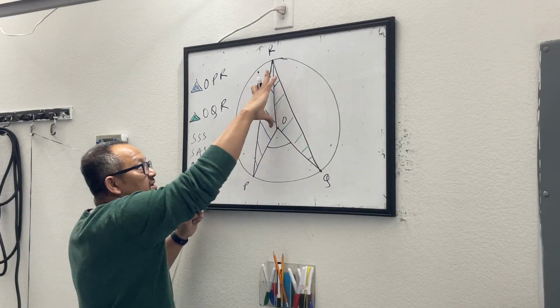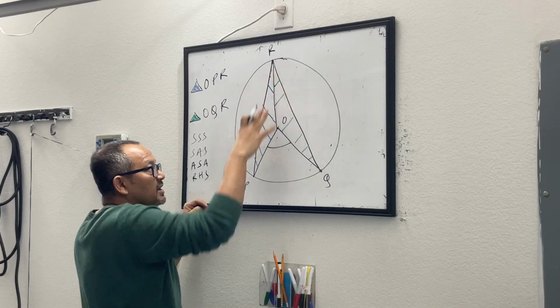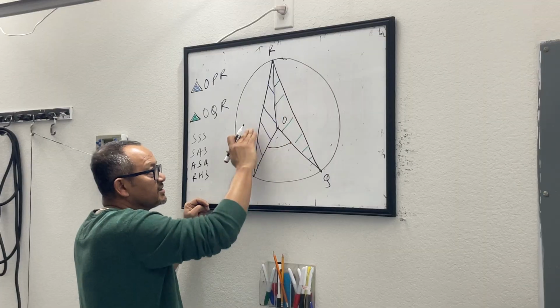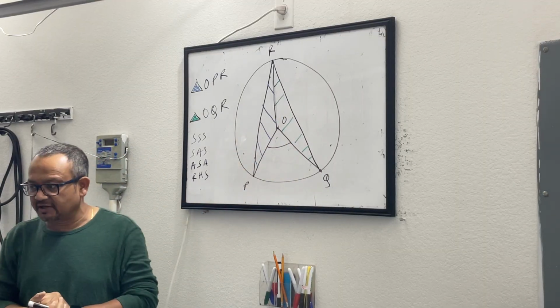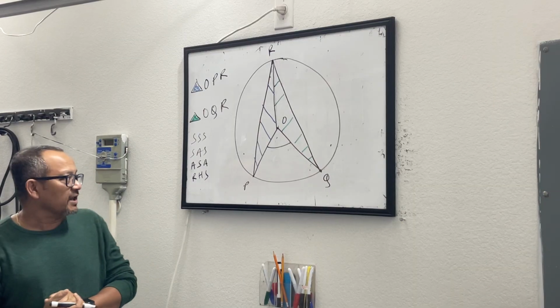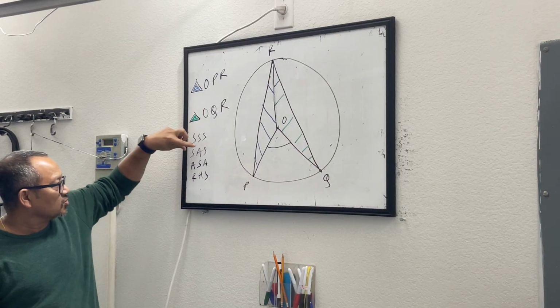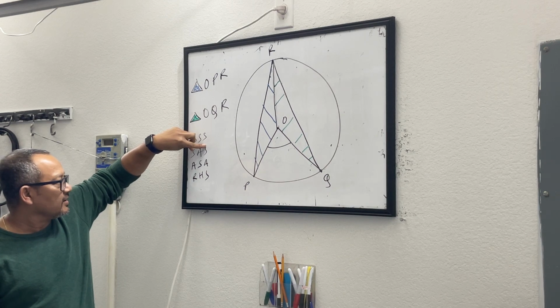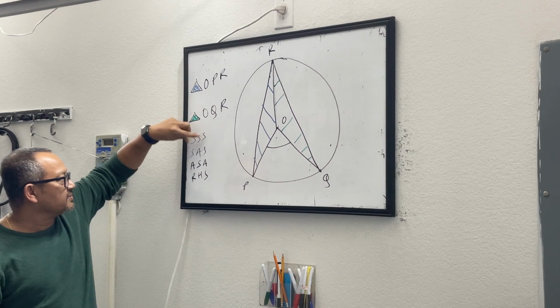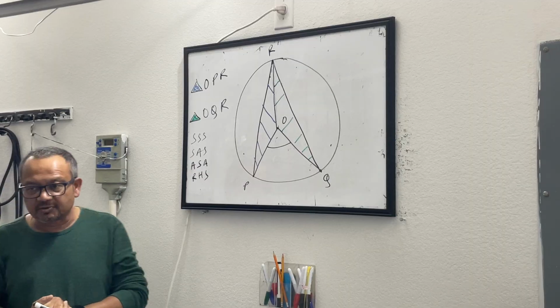I have this side being common between this triangle and this triangle. This is radius, this is radius. So two sides are also same. So far we have just got two sides being same, and we have not talked about angles yet.